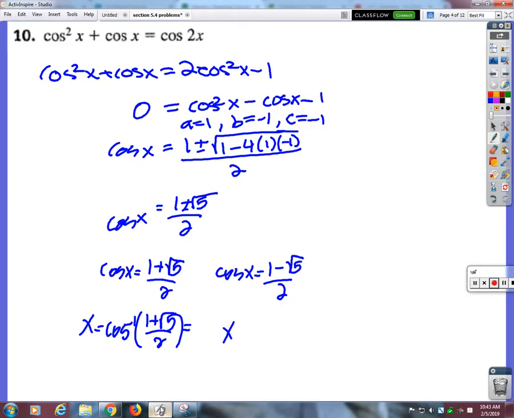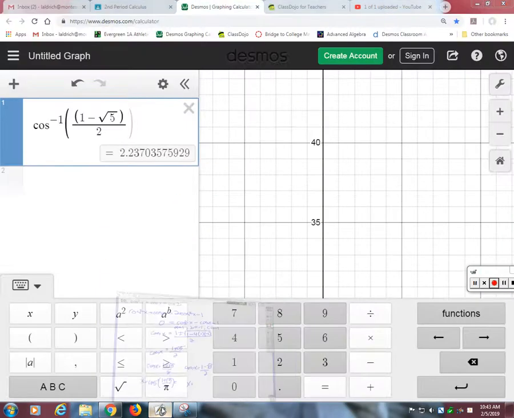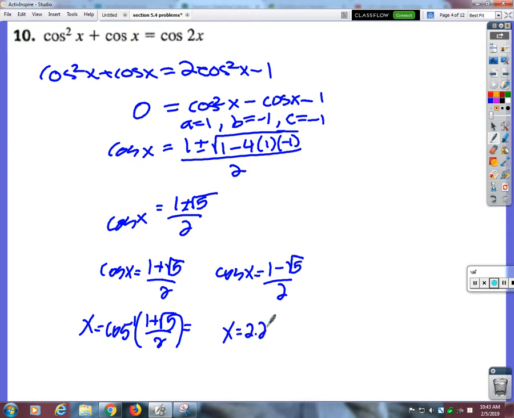No. Okay. So 2.237. The book says 2.237 and then also 4.046, which you get by... do you want to know where the other one comes from?